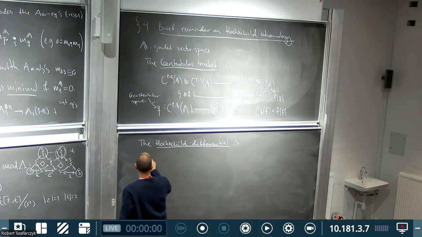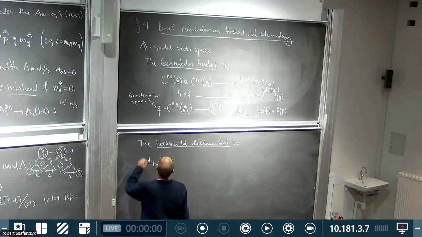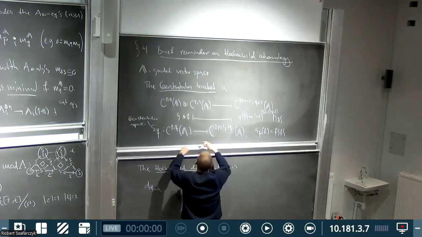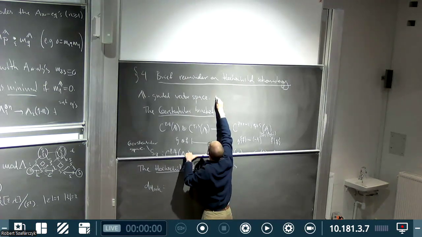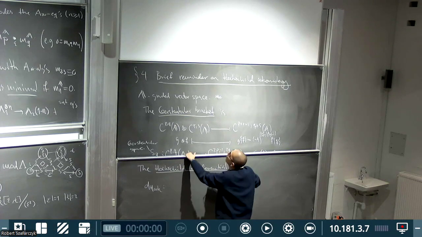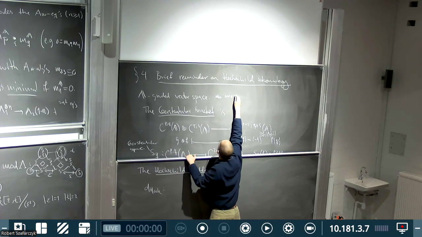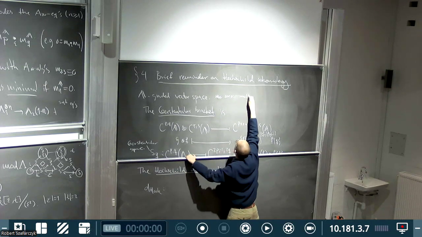Now I need some data, so not just a graded vector space, and I want an M2, an associative multiplication.